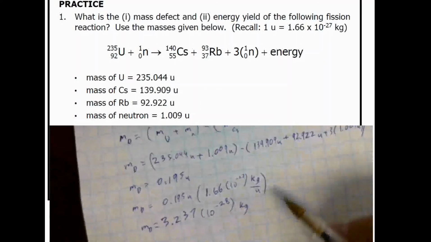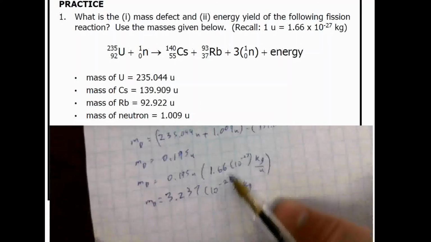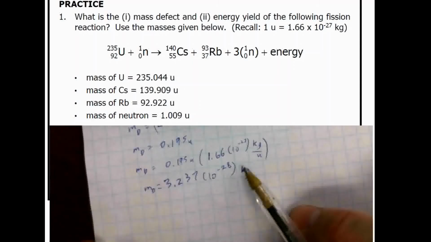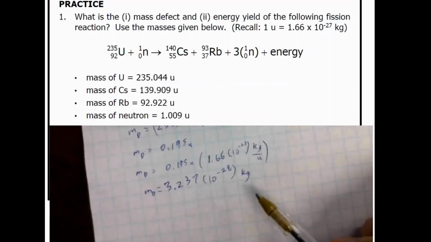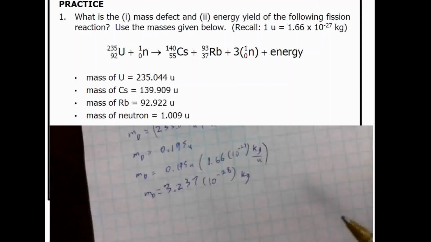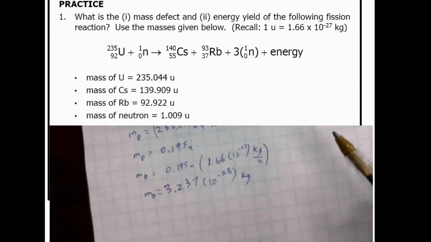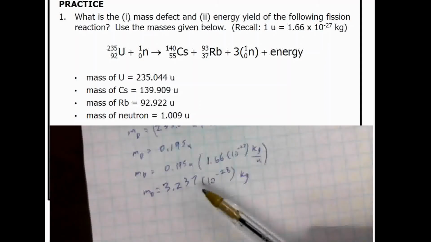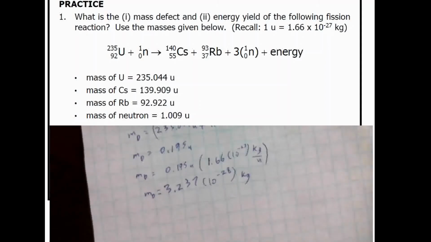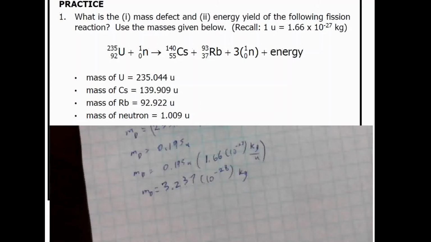We're writing it this way because when we're dealing with these mass defects, some of these values are measured quite accurately, like the mass of uranium-235. So we need to keep that accuracy by keeping a fair number of digits past our actual significant digits. So that is my mass defect.